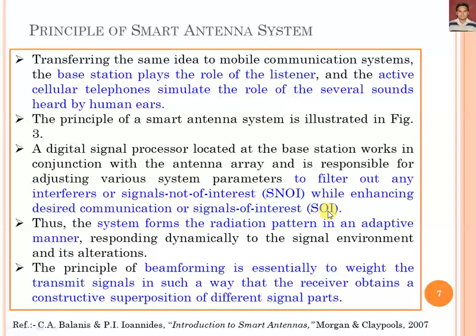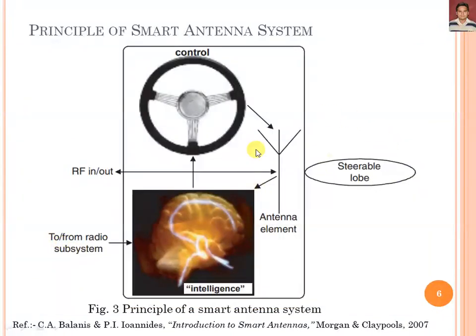Thus, the system makes the radiation pattern adaptive, responding dynamically to the signal environment and its alteration. So you can see from this figure that we have achieved the steerable lobe from this smart antenna system.